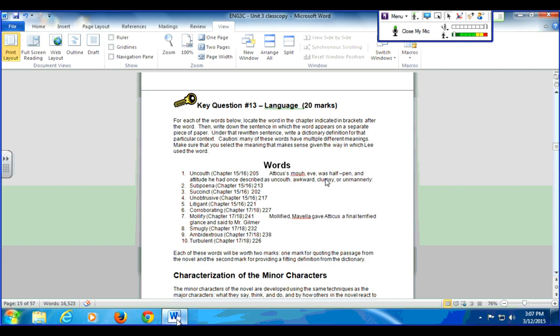The other 8, which are subpoena, succinct, unobtrusive, litigant, corroborating, smugly, ambidextrous, and turbulent, are all words that you may or may not have heard of.